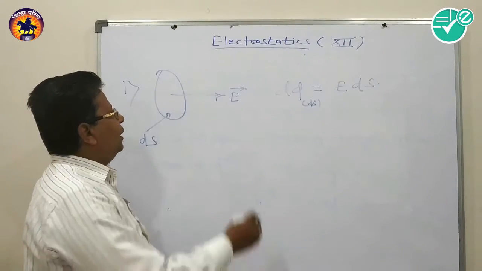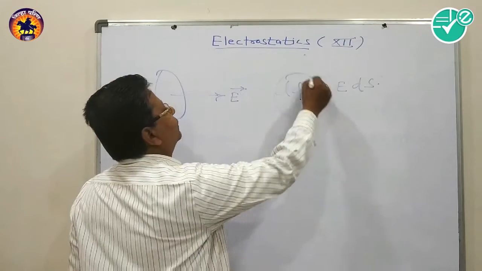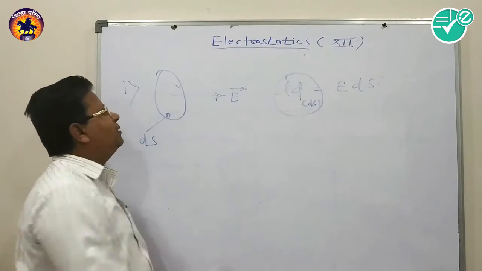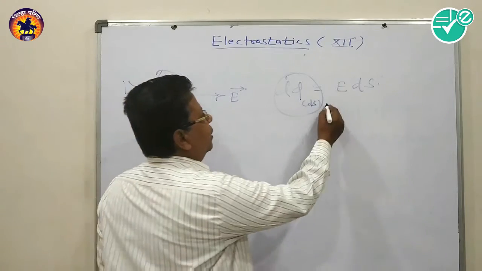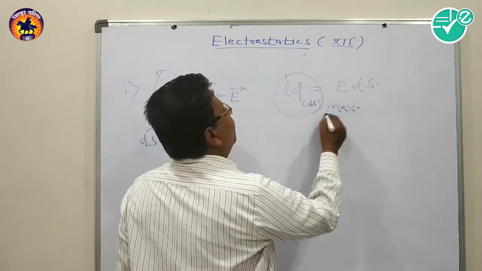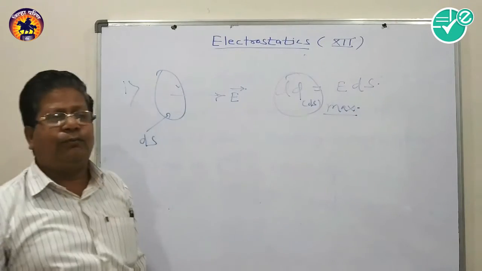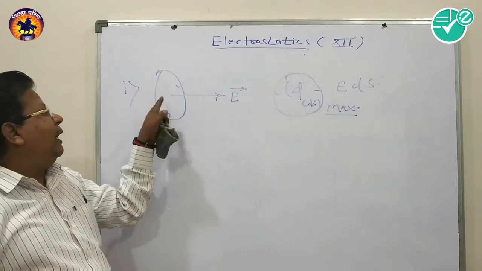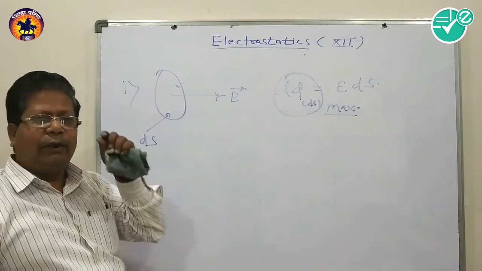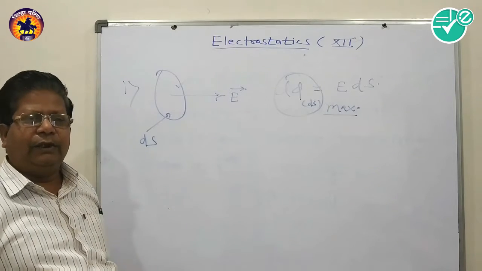And the value of this electric flux when area ds is perpendicular to electric intensity is maximum. So maximum electric flux is flowing through the area ds when area ds is perpendicular to electric intensity.